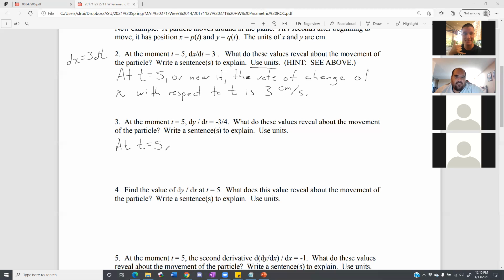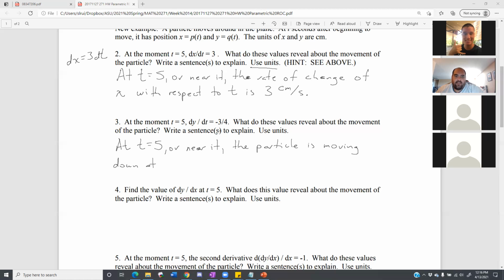So t equals 5. Really shouldn't say at t equals 5, because really it's in some neighborhood of that time. The particle is moving which way? Down. Right?